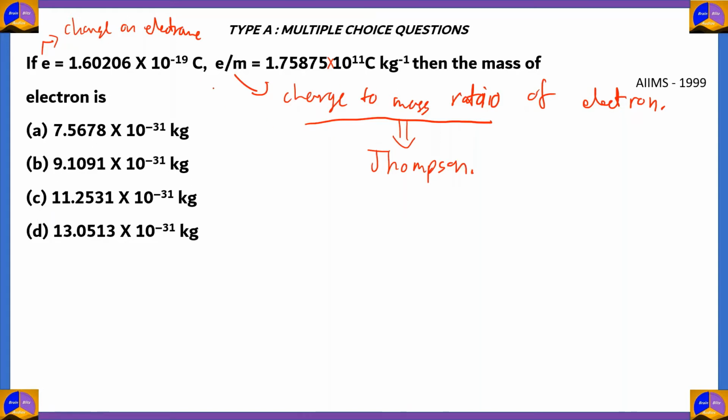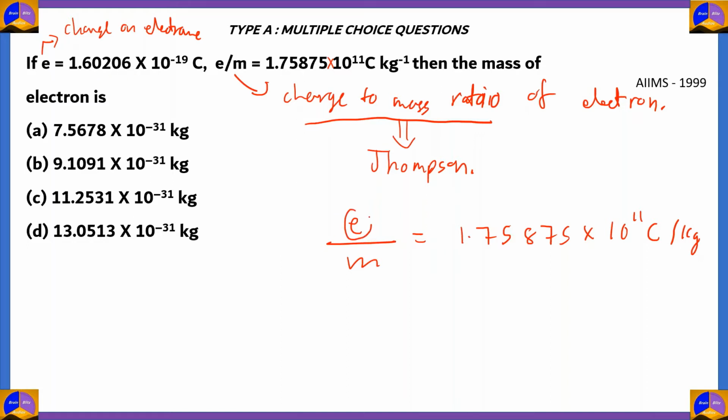So now in our question, we need to find the mass of the electron. So e divided by m is given as 1.75875 into 10 raised to 11 coulombs per kg. But if you notice, we are also given the charge of the electron as 1.60206 into 10 raised to minus 19.